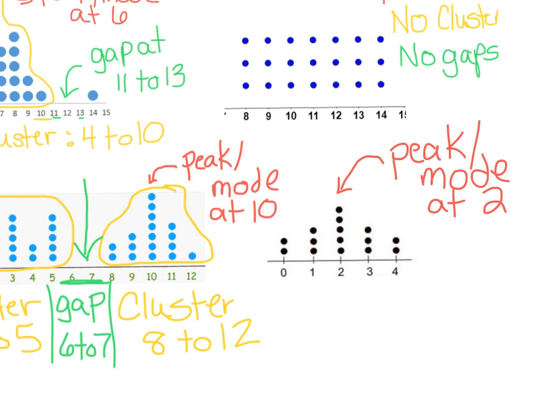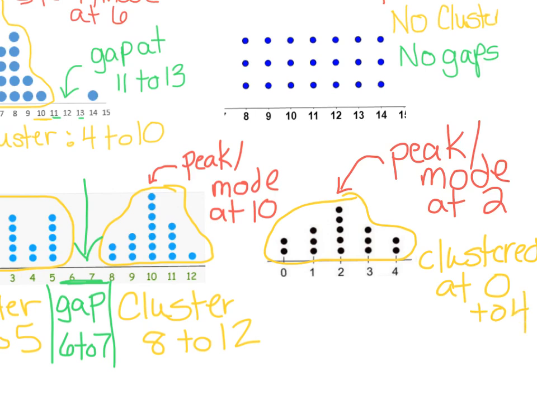So we could say that the information is clustered at 0 to 4. But there doesn't appear to be any gaps. There's no spaces in between. So here we can say no gaps. Okay. All right. Hope that helps.